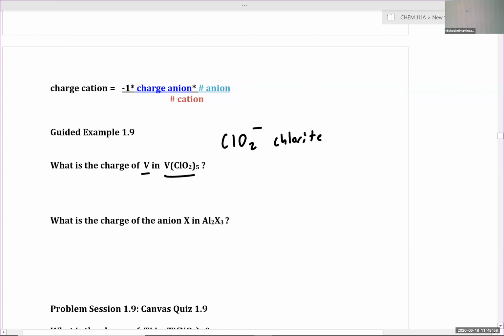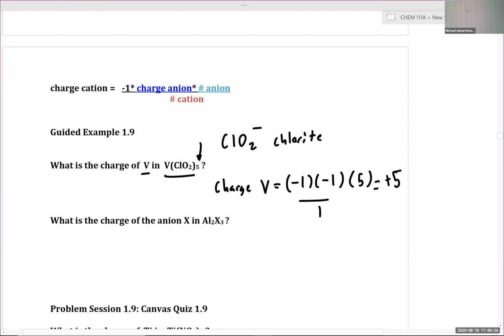Okay. So then we now have enough information to use our equation. So the charge of vanadium is equal to -1 times the charge of our anion, which is -1, times the number of our anion, which is 5, over the number of cation. And that in turn gives us a charge for vanadium of +5.